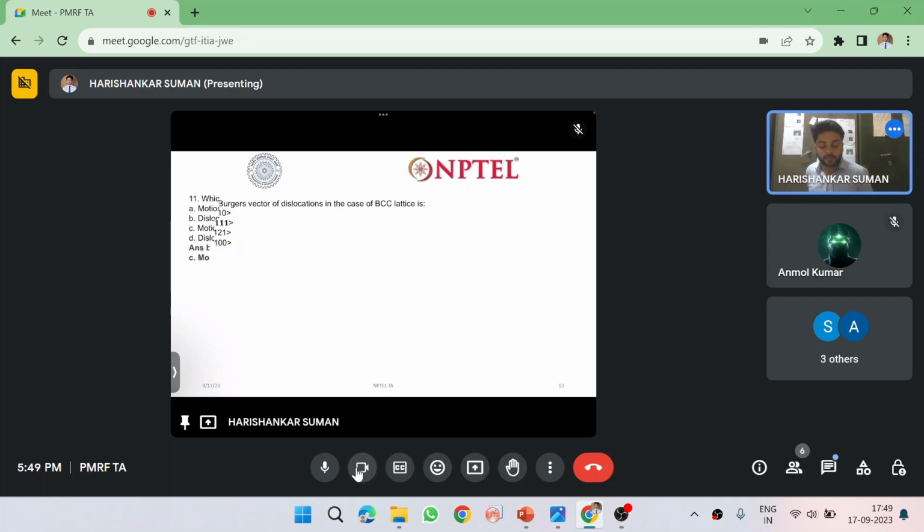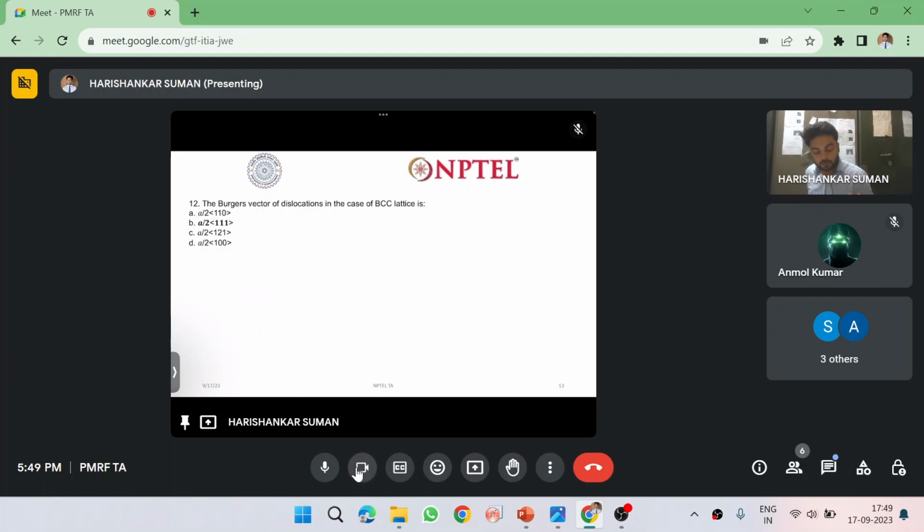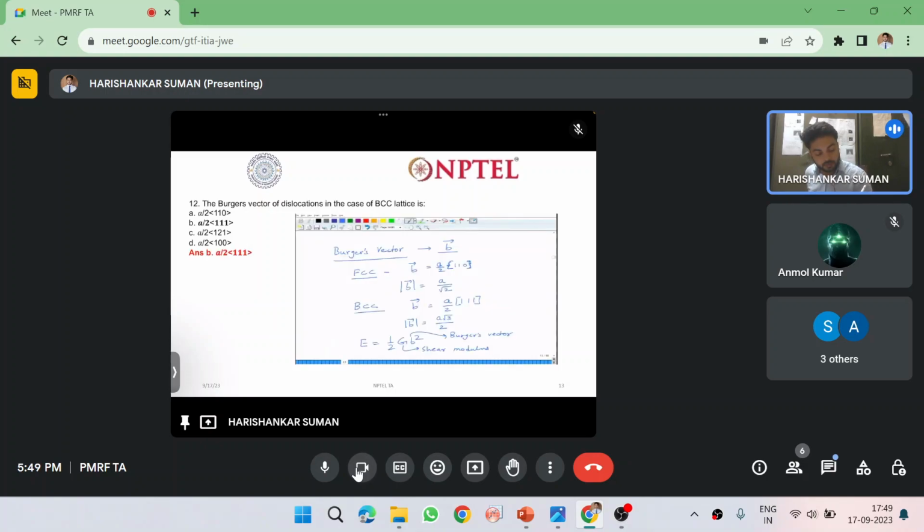Next, the Burgers vector of the dislocation in the case of an FCC lattice. Please choose the correct option. Option B is correct. Please remember these things.